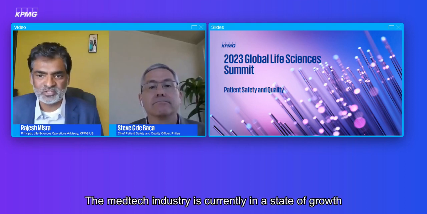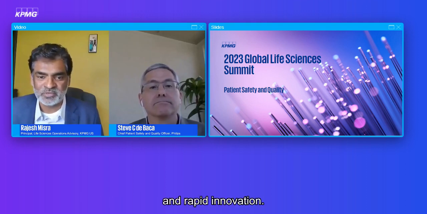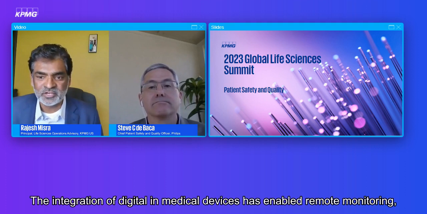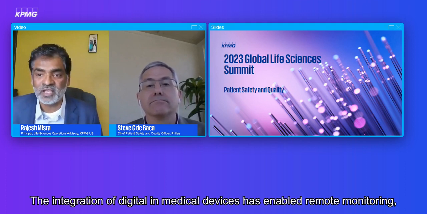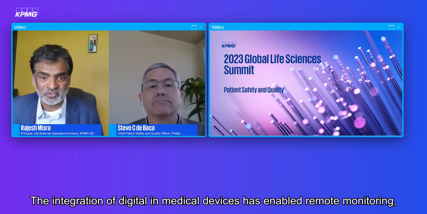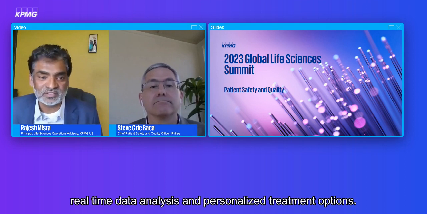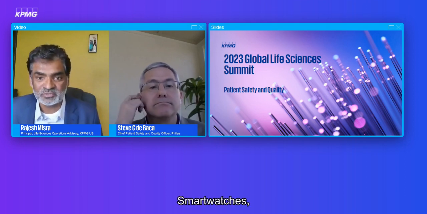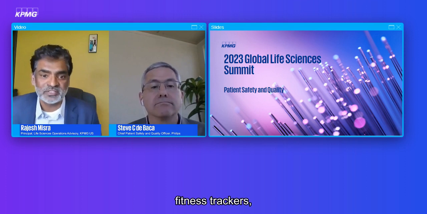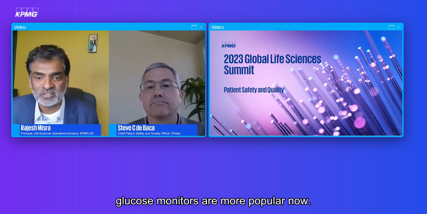The medtech industry is currently in a state of growth and rapid innovation. The integration of digital in medical devices has enabled remote monitoring, real-time data analysis, and personalized treatment options. Smartwatches, fitness trackers, glucose monitors are more popular now.